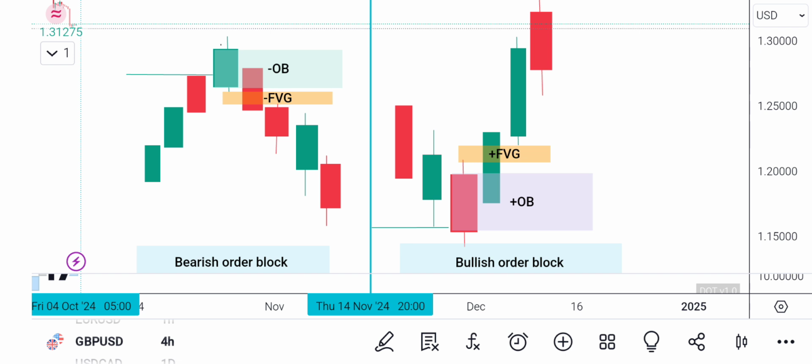Now, what is an order block? An order block is simply a change in the state of delivery. What does it mean?